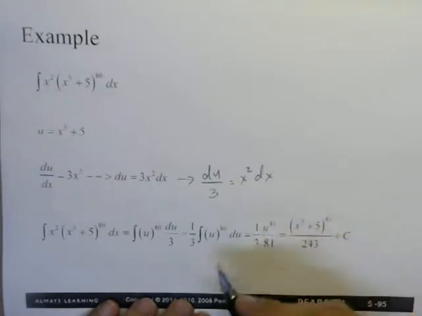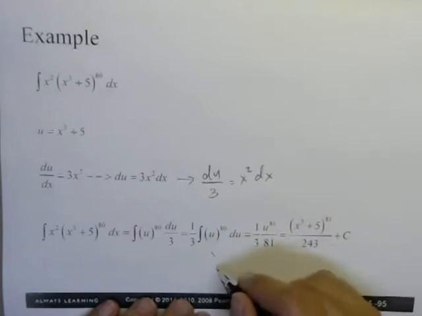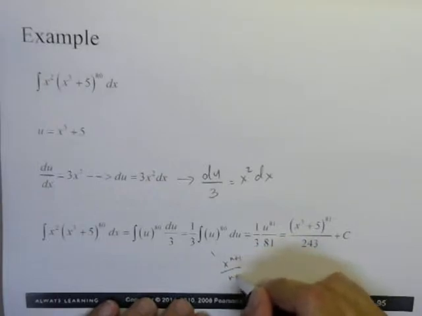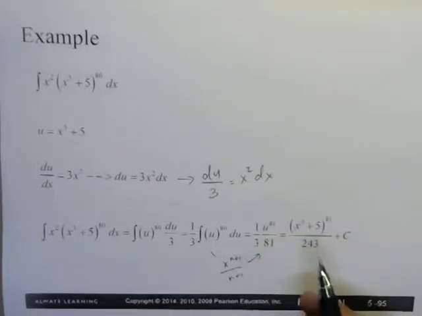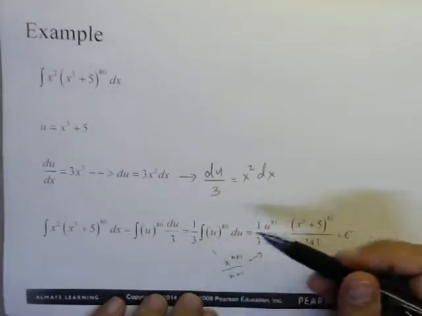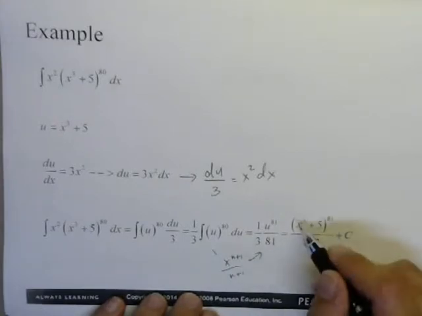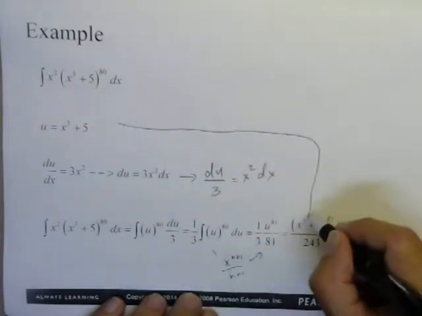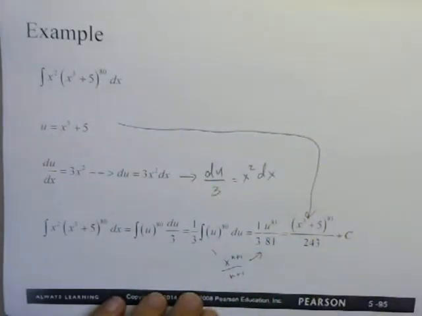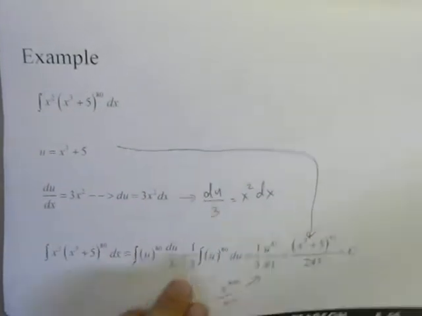I'm just using the power rule here, the fact that the antiderivative of x to the n is x to the n plus 1 over n plus 1, except I've got u instead of x. And then that 1/3 is still out in front, so you have to multiply that, and don't forget your constant on the end. And then also don't forget to substitute back in for your u when you're done.